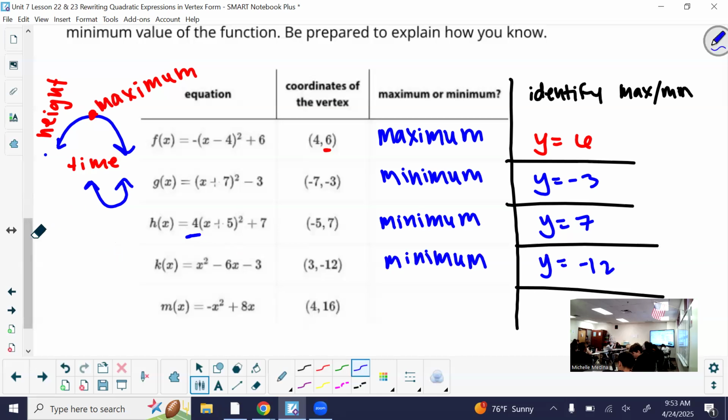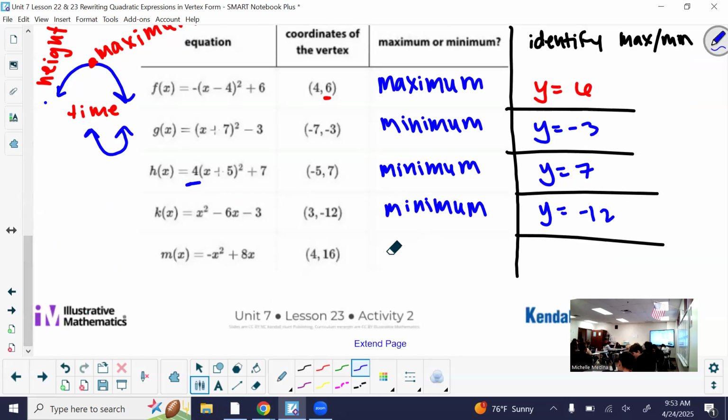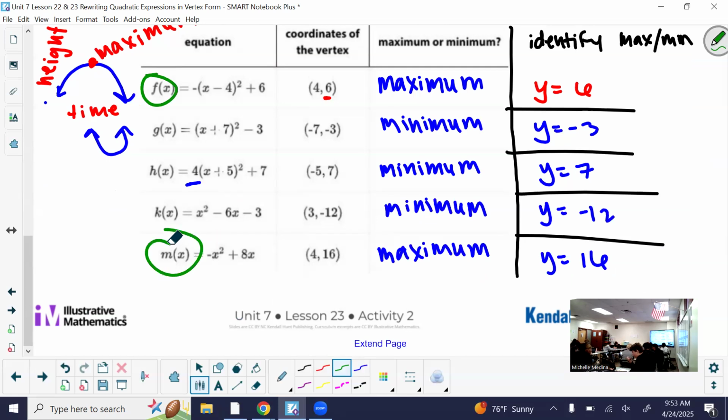Jordan, does m of x have a minimum or maximum? Good, because the A is negative. And Wade, what's the value of the maximum? Perfect. Questions? So if I asked you to compare f of x and m of x and asked you which one has the higher maximum, you would say which one?